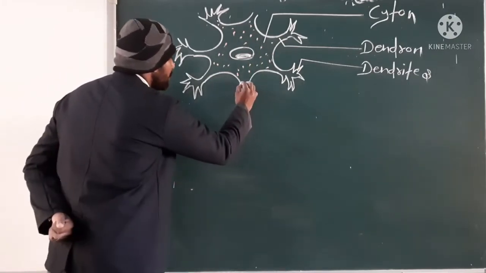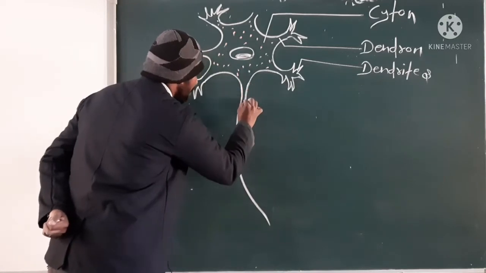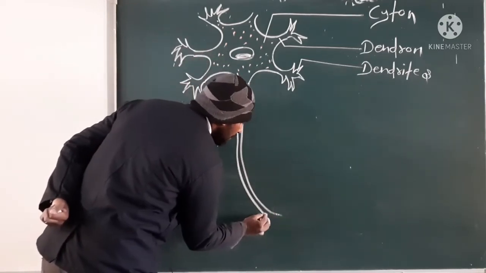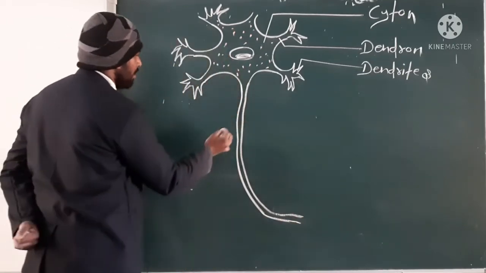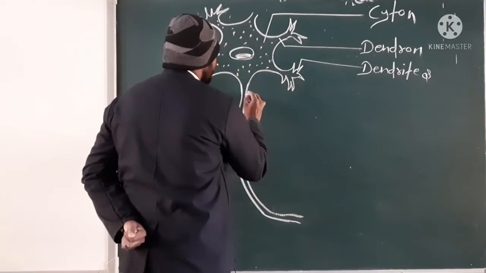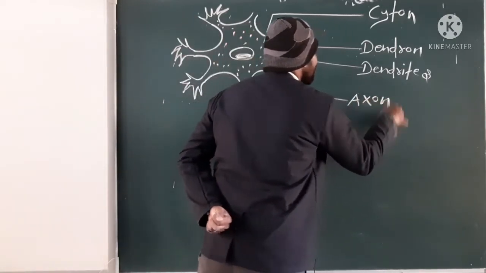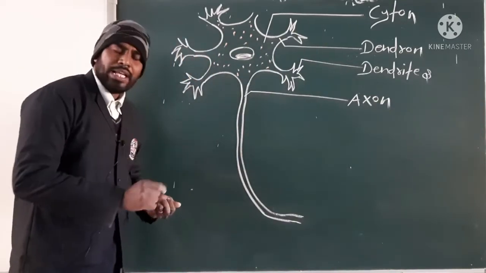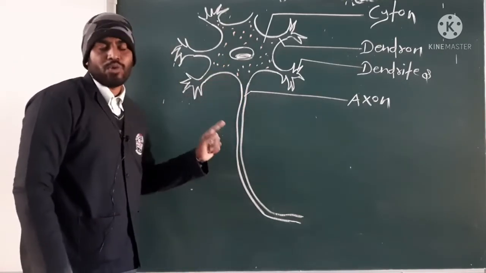One long process or fiber, a thread-like structure, arises from the neuron, which is called axon. Okay, so this is axon, bachon. This axon helps to carry impulse away from the neuron.